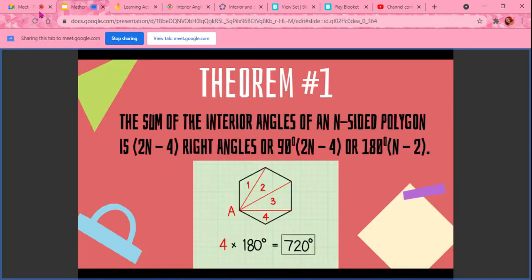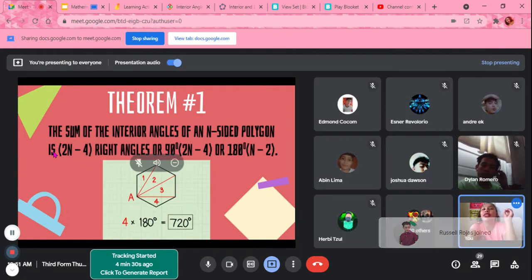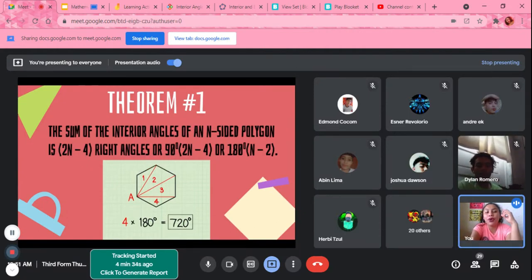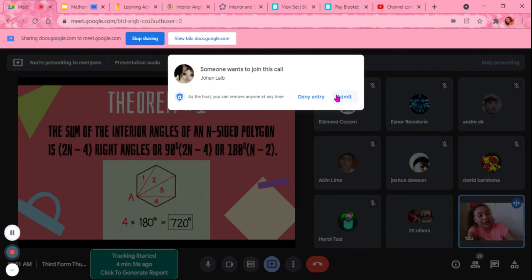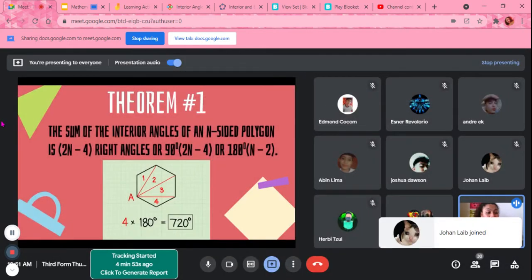So now the first theorem, and this one is similar to the quadrilaterals. You have 2 theorems. One talks about interior angles and the other one talks about exterior angles. So the first theorem says the sum of the interior angles of an n-sided polygon. N-sided polygon means that it can be any number of sides.